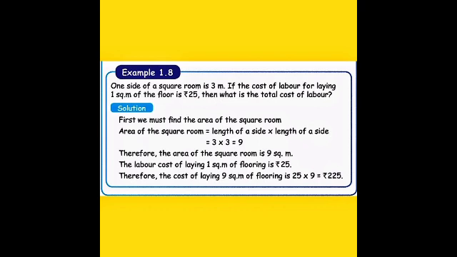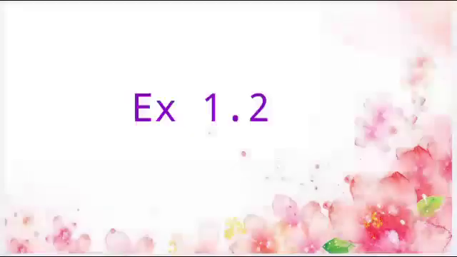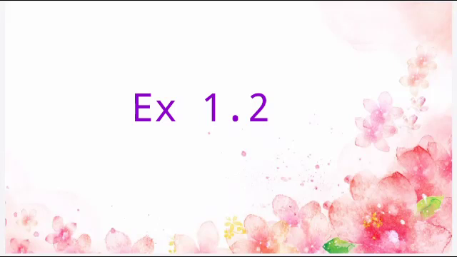The labor cost for laying 1 square meter of flooring is rupees 25, so for 9 square meter it is 25 into 9, which is equal to 225. Let's see the next sum in exercise 1.2, question number 3.